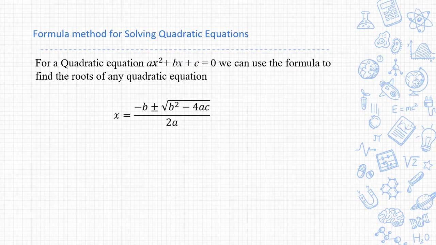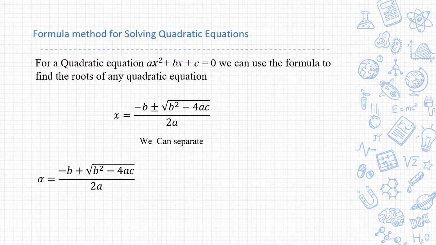The formula is x is equal to minus b plus or minus under root of b square minus 4ac upon 2a. We can separate this as: first root will be minus b plus under root b square minus 4ac upon 2a, and another root will be minus b minus under root of b square minus 4ac upon 2a. One of the roots I'll call alpha, and the other root I'll call beta.